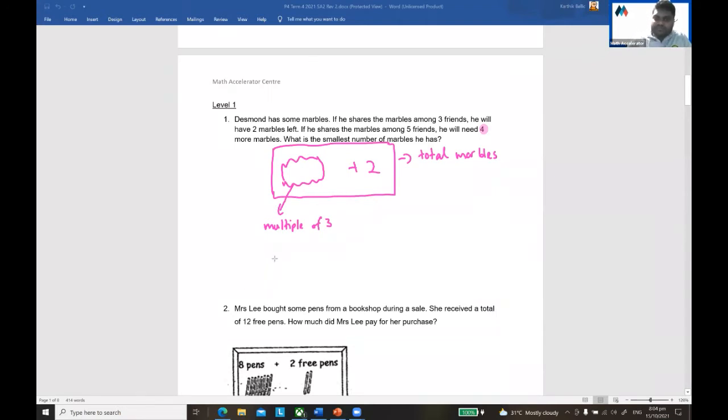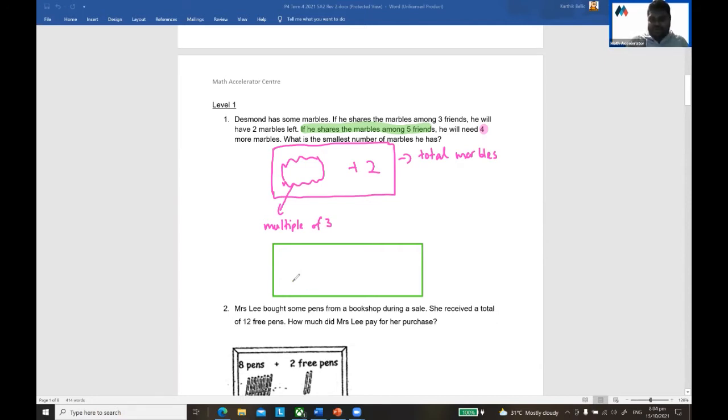Now let's look at the second scenario. I draw in green. In the second scenario, it says that if he shares the marbles among 5 friends, he will need 4 more marbles. So what does that mean?